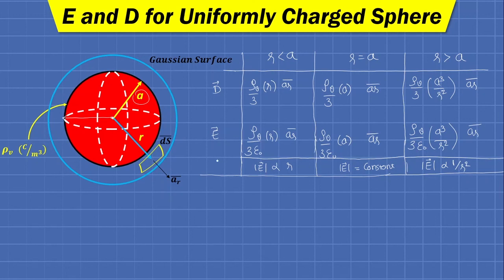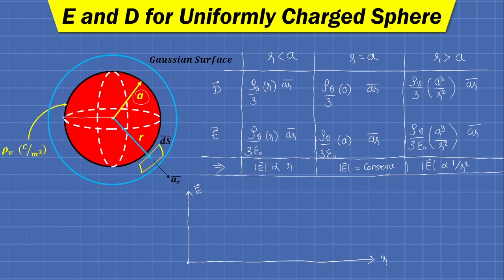Fine. So with these three conclusions that we have just shown, we can plot a graph of distance from the center of the sphere and the intensity. So on the x-axis I am taking the distance, on the y-axis I am taking the intensity.